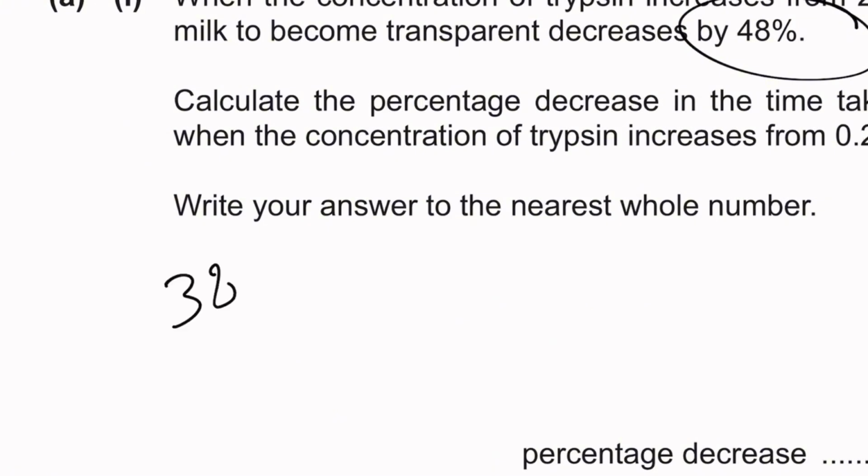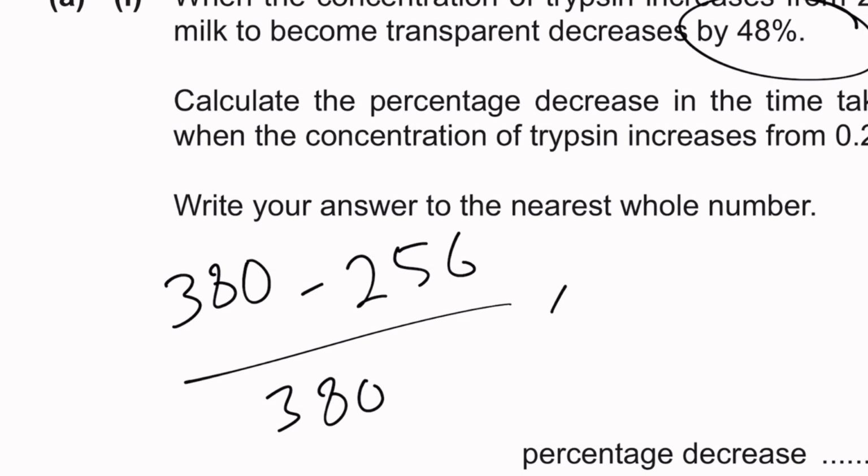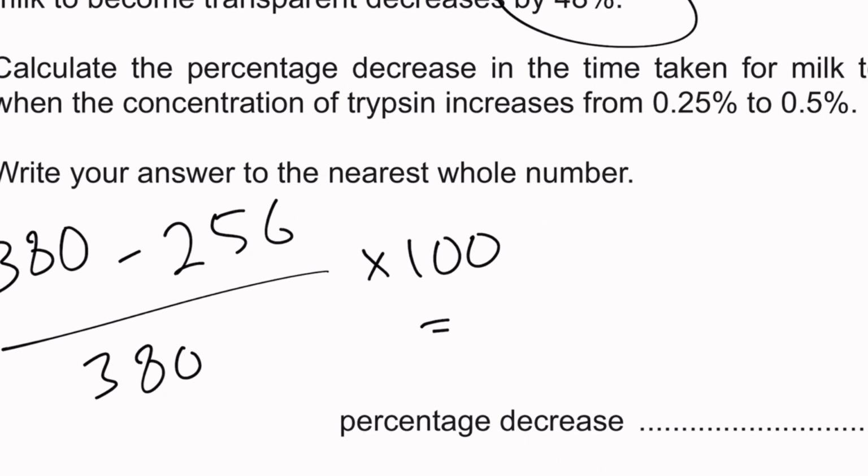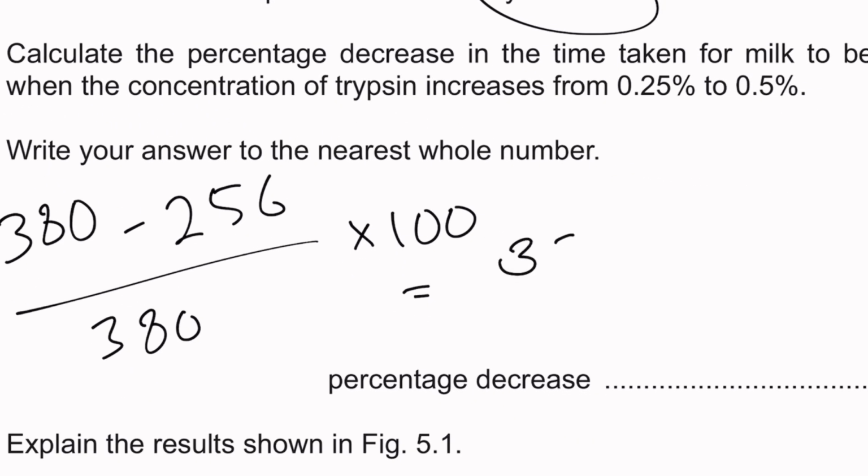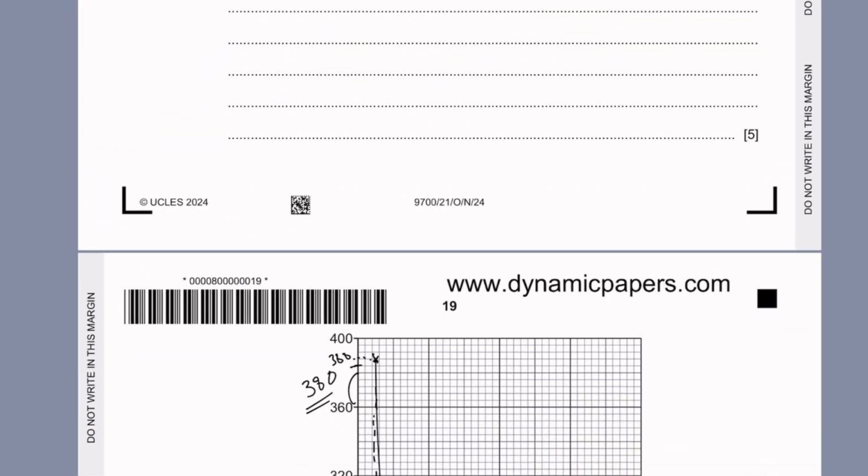So 380 minus 256 divided by 380 times 100 is equal to 32.6, which is approximately 33%. This is to the nearest whole number.